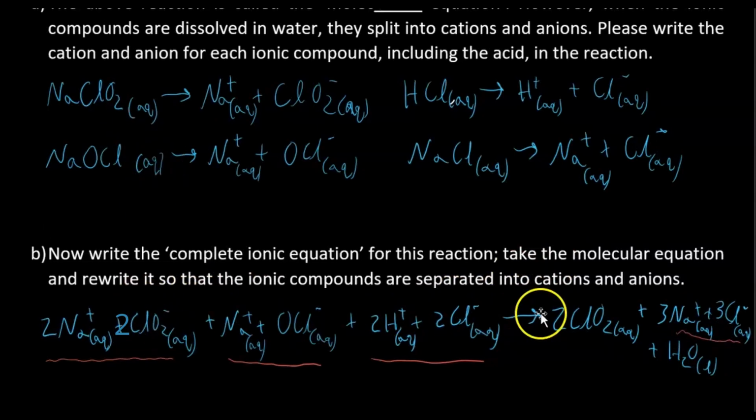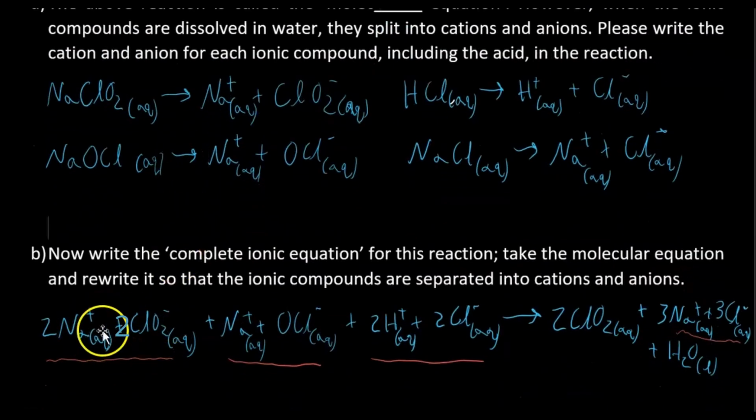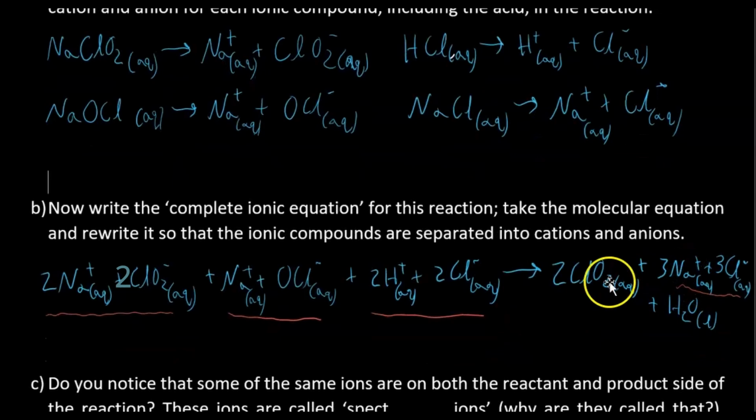And this, in all its glory, is our complete ionic equation. So it's the same equation as here, but rather than writing it in the molecular form as molecules, we write the ions as they are. So we dissociate, we break up the ionic compounds into their respective ions. So this is our complete ionic equation.